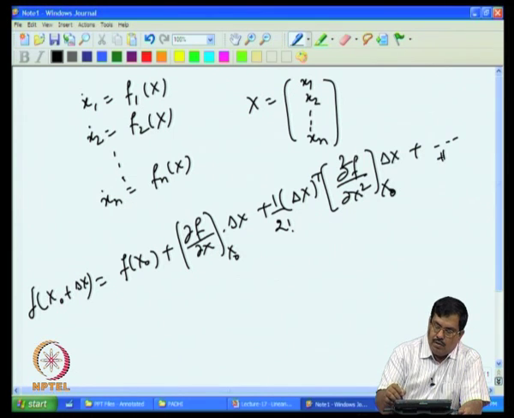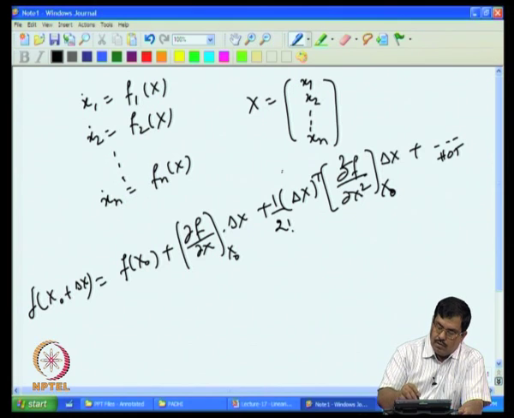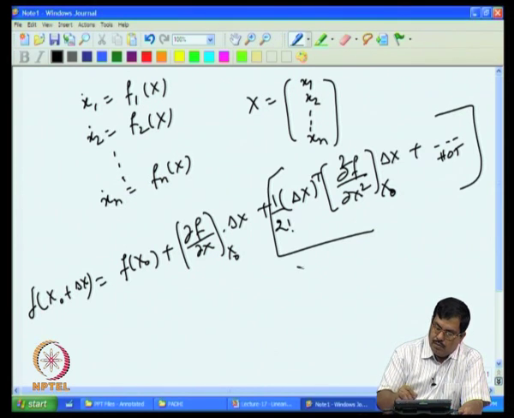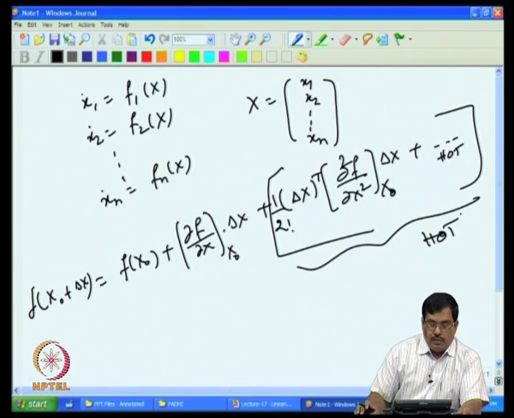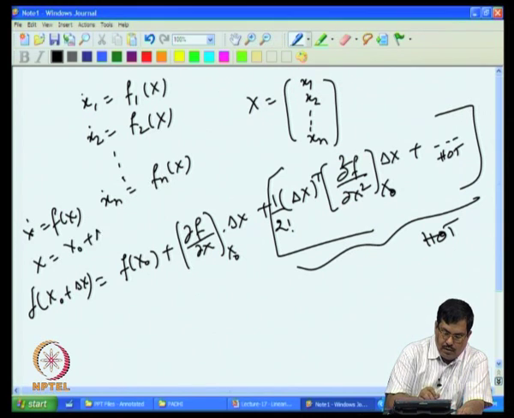So, you can talk about higher order terms, but as far as the linearization is concerned, we consider everything as higher order terms. So, we have started with x dot is f of x, and we are considering x equal to x 0 plus delta x.